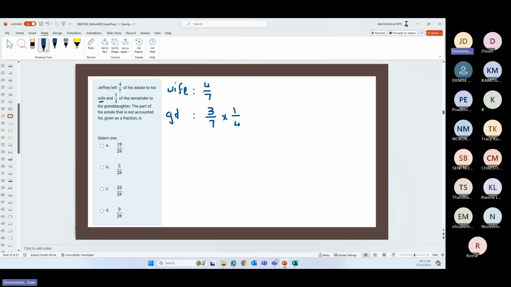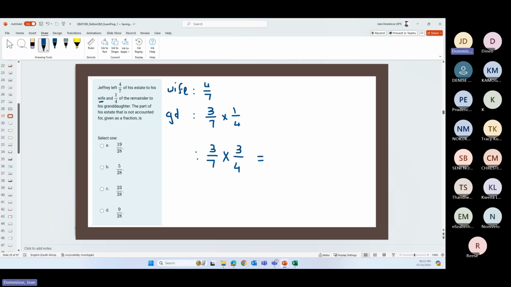So what I would have said is the part that is not accounted for is the 3/7, but not the quarter of it, the 3/4 of it. So that is how I would have done it, but I'm going to show you another way.